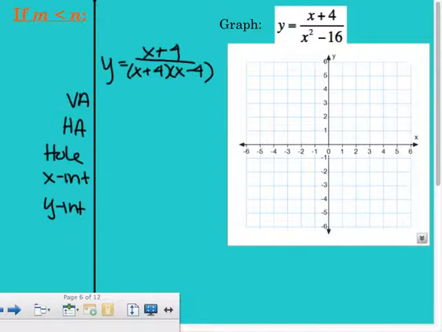Alright, so you should notice that you have a factor in common. You have an x + 4 in the numerator and the denominator. That tells you that you have a hole at x = -4, because if you take that factor and set it equal to 0, you'll get x = -4.